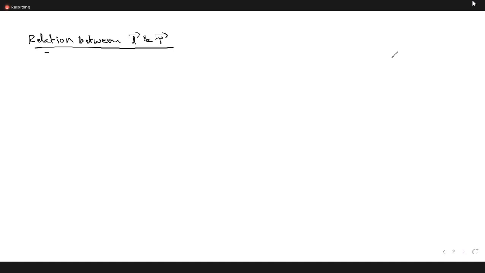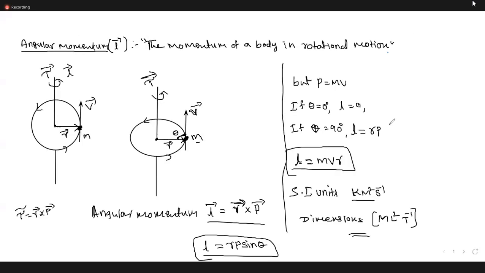The rate of change of linear momentum is equal to force. F equals dp by dt. Same thing only. Finished? Shall I go for the next one?